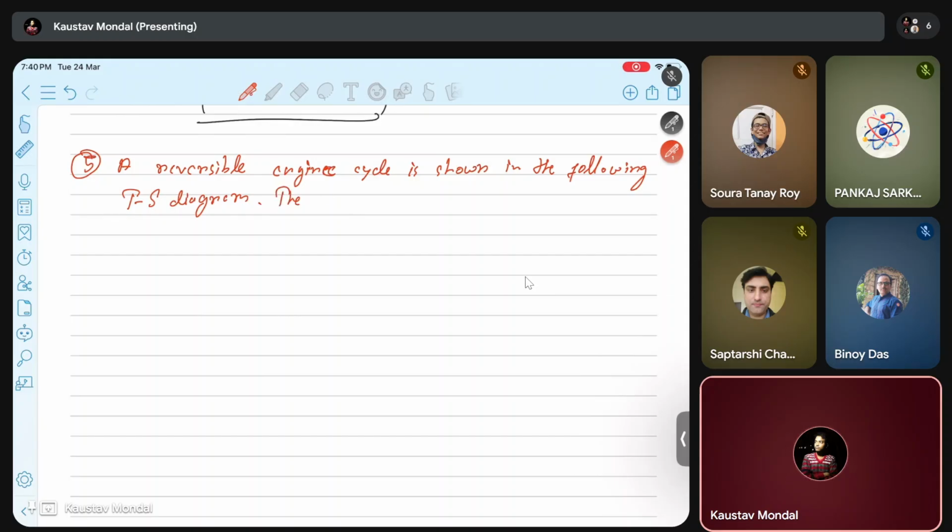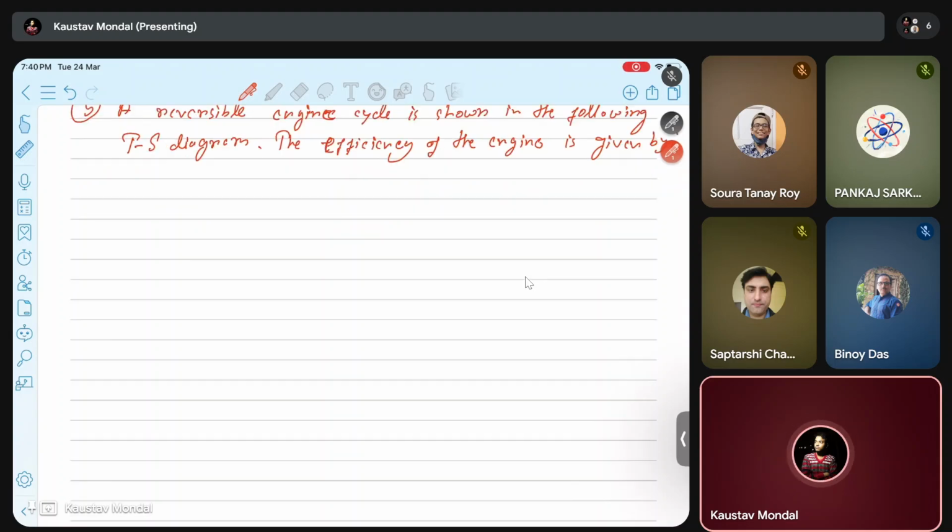The efficiency of the engine is given by, that you have to find out, given by what? The TS diagram looks like this.